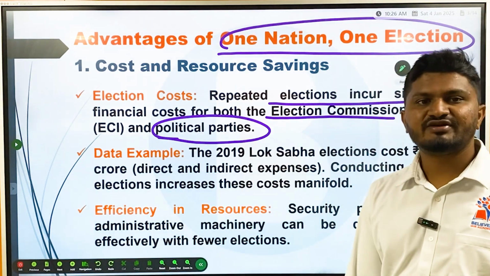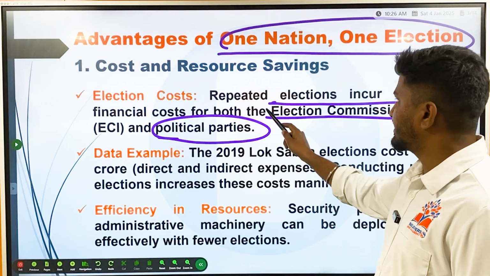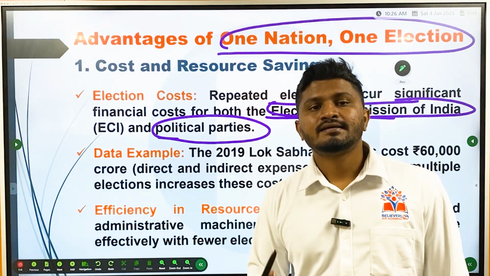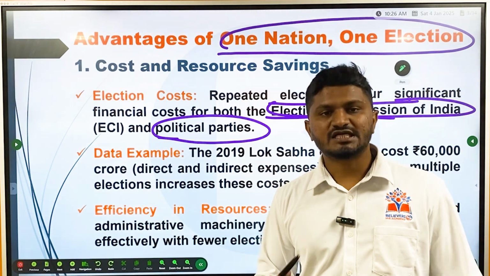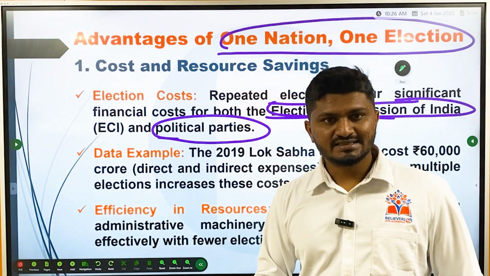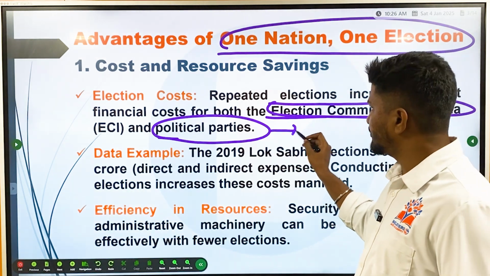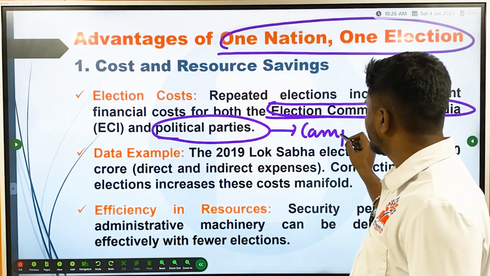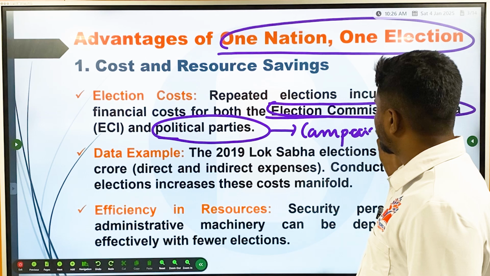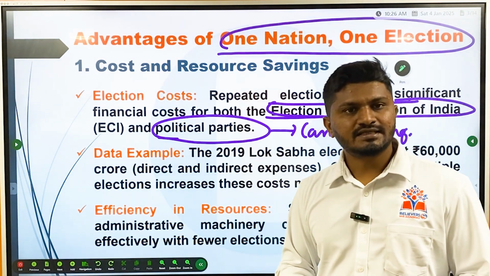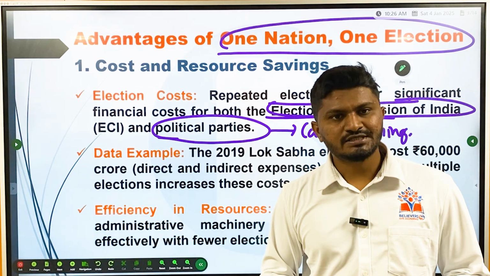The Election Commission incurs cost while conducting the election processes: you need logistic support, transportation, personnel, etc. And political parties need to do campaigning and organizing, etc. That is going to be very costly also.